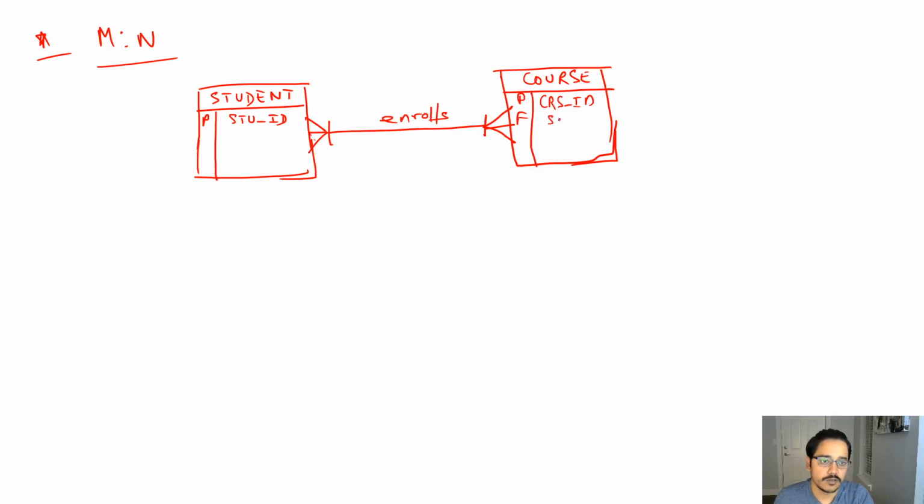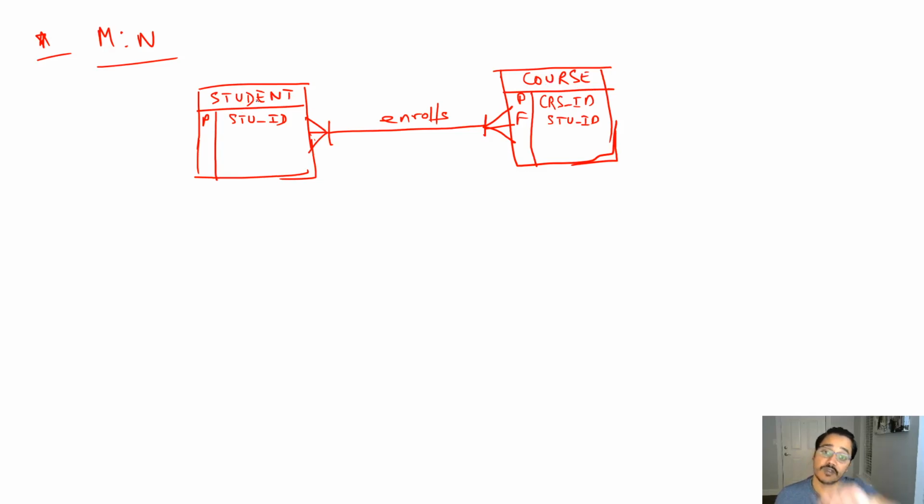So this will become student ID. However, this is M is to N, and this is not 1 is to M. If you just leave it at that, it would mean that a given student can enroll in multiple courses, but a given course can have only one student, which is completely untrue, right? A course can have multiple students.